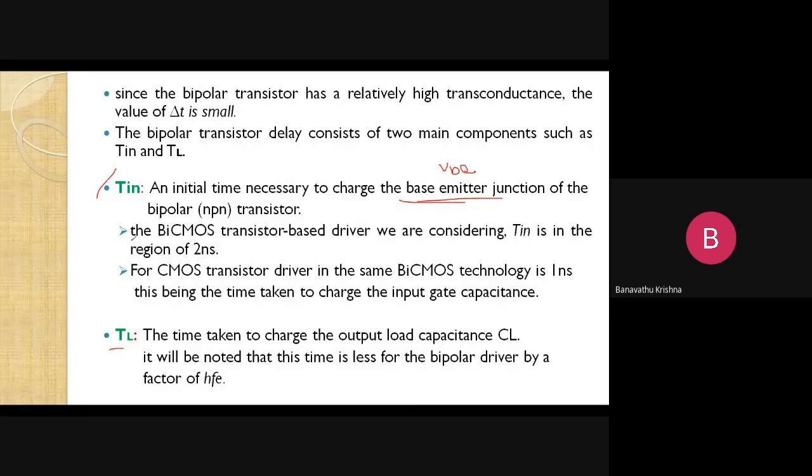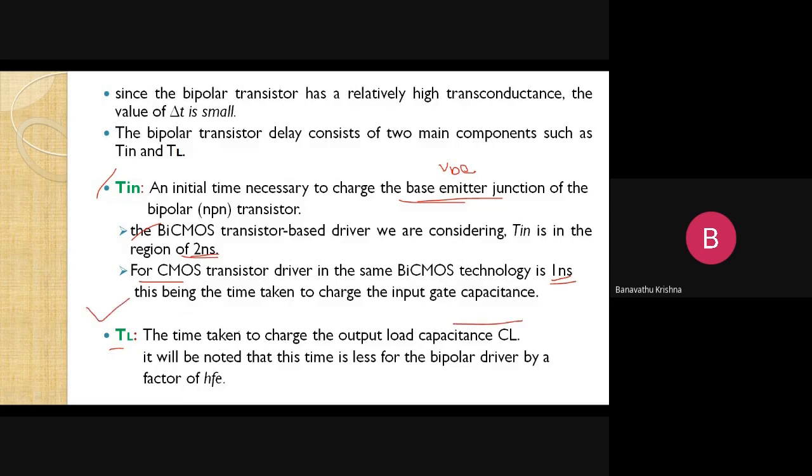In the BiCMOS transistor based drivers we are considering, TIN is in the region of 2 nanoseconds, whereas in CMOS transistor drivers in the same BiCMOS technology, it is very much less, that is 1 nanosecond. This is the time taken to charge the input gate capacitance, right?